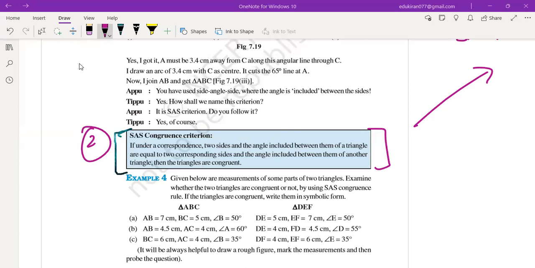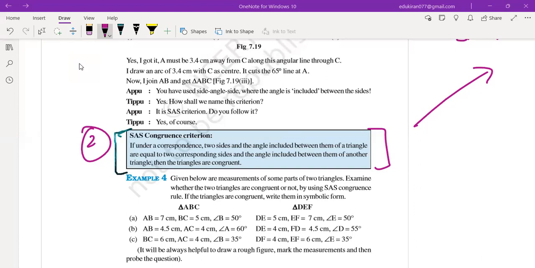Ma'am, symbolic form in the sense? Not symbolic combination. Like, what is the symbol of congruence? Okay, symbol, ma'am. And even in the corresponding, we are using the symbol, right?